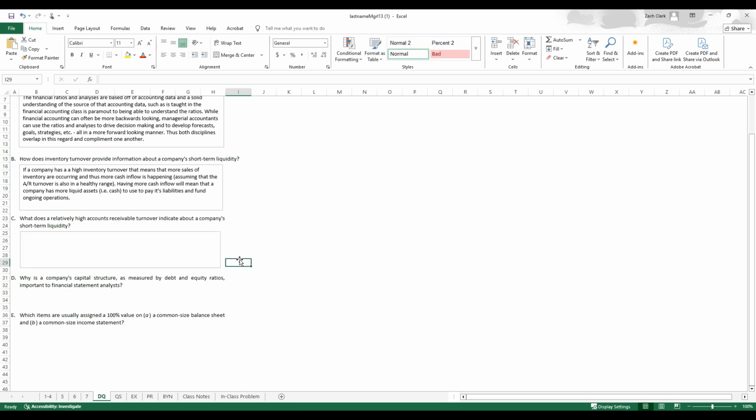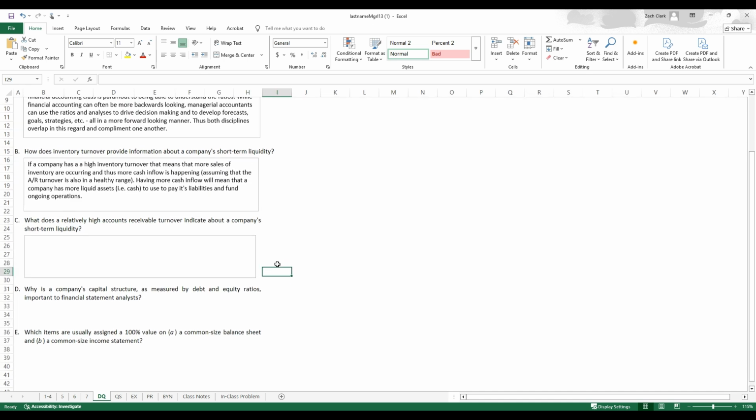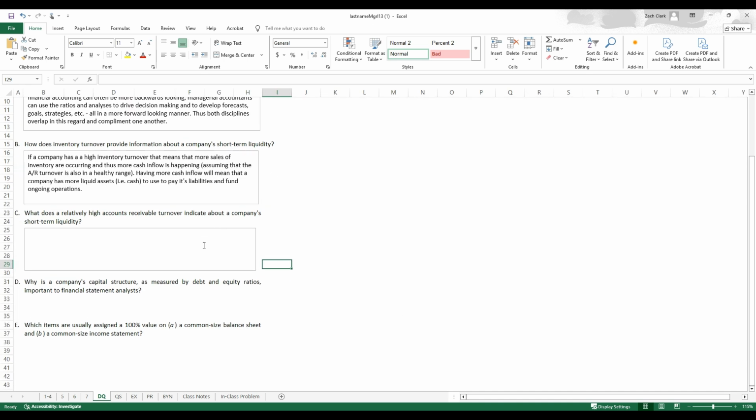So it's not that it's good or bad necessarily. Generally having more liquidity is typically a good thing, but it might just be indicative of the industry, that that's just a risk that you have to face. And then as managers, we just need to address that risk appropriately.